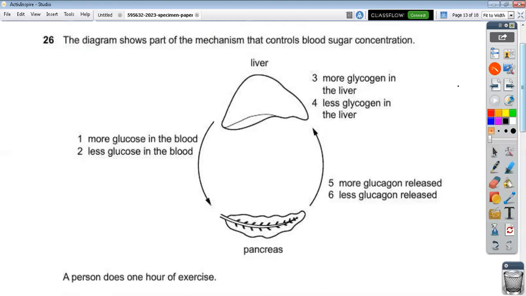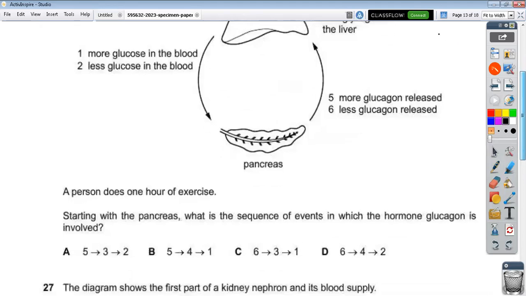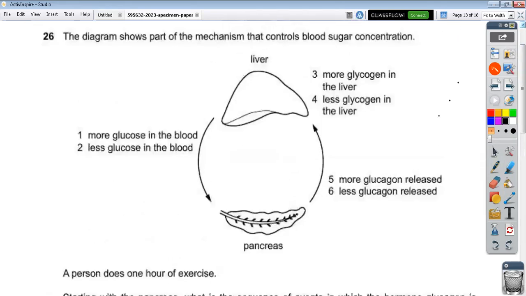We're analyzing that. Starting from where? From the pancreas. So what happens with the pancreas as we start to exercise?